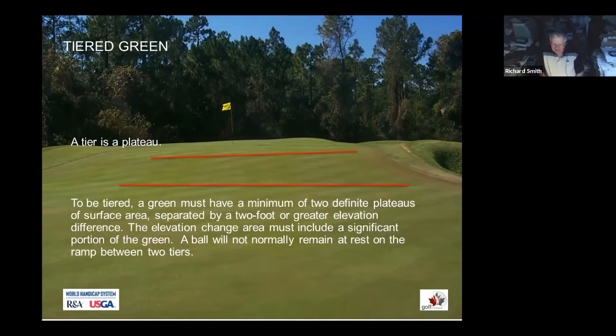The word from the presenters was that it would be okay to call that a tiered green, even though the individual tiers were not separated by the 2 feet.